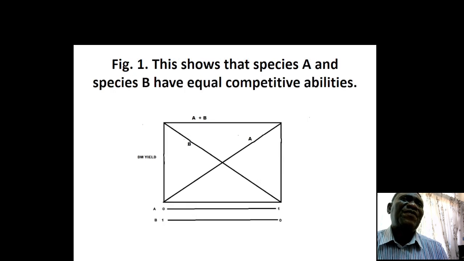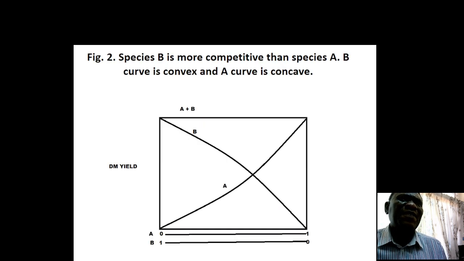If I go back to the first diagram, both A and B have got linear shapes, straight lines. It means both A and B have got equal competitive abilities. But if you have curves, if A is concave, it means it is less competitive. B is convex, it means it's more competitive.